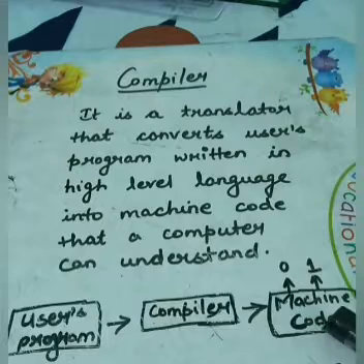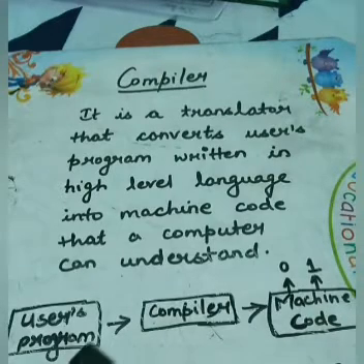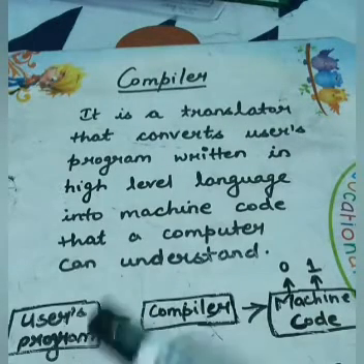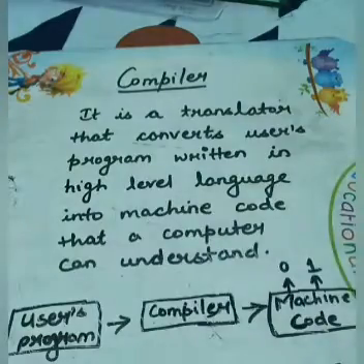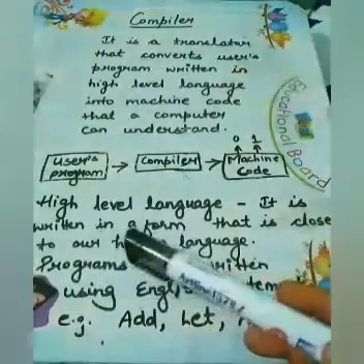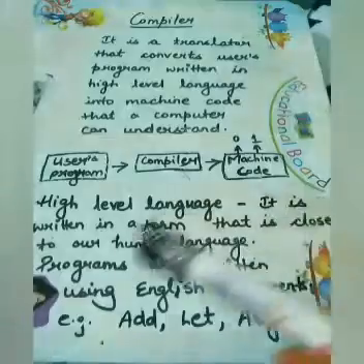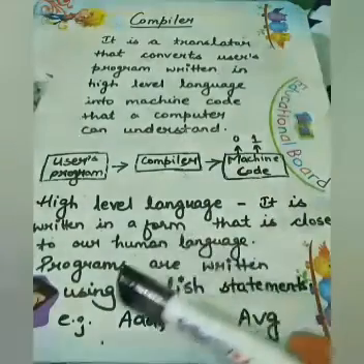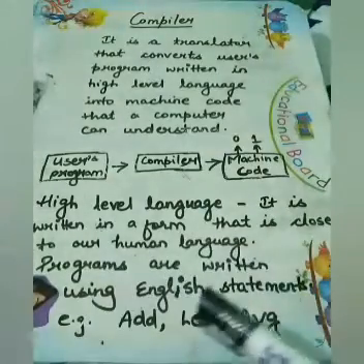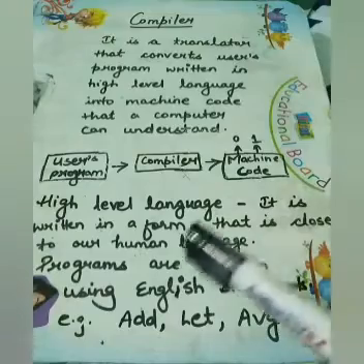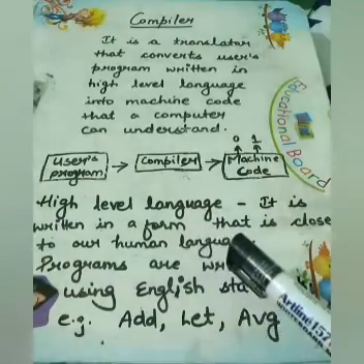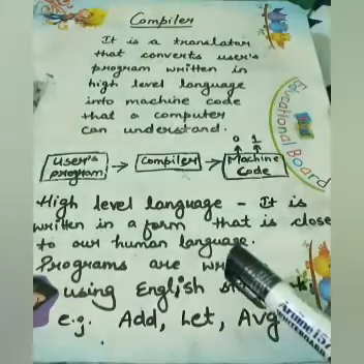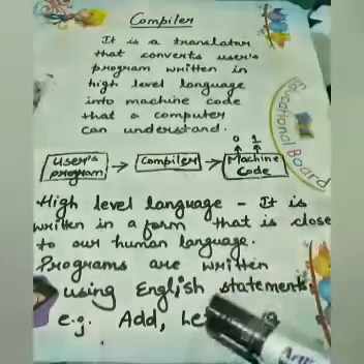Now children, first we have to understand what a high-level language is. It is written in a form that is close to our human language. Programs are written using English statements. High-level languages are written in such a form that is close to our language, which we can easily learn and easily write.